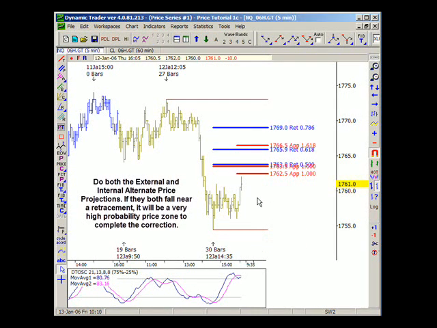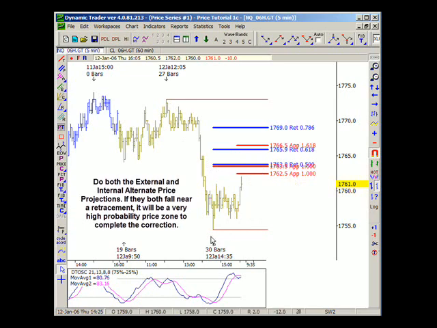As we learned in part 1 of this tutorial series, the 38% is rarely a key retracement zone for a correction except under a couple unique situations. So we have the 50% retracement that has the 100% external alternate price projection, and right below it is the 100% internal alternate price projection.